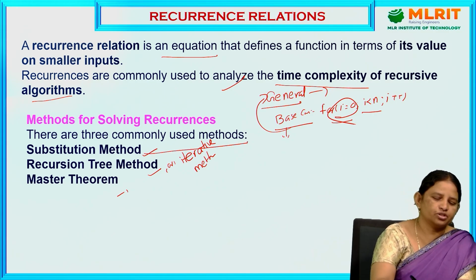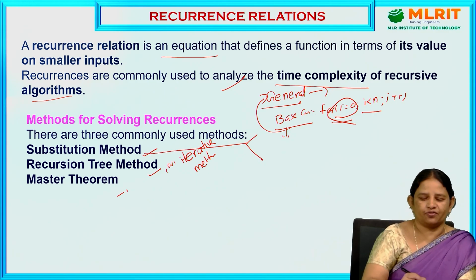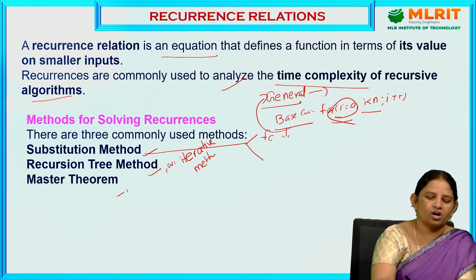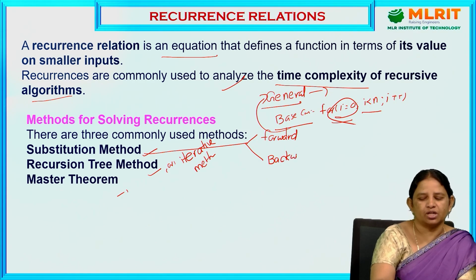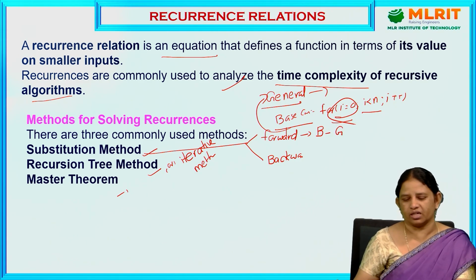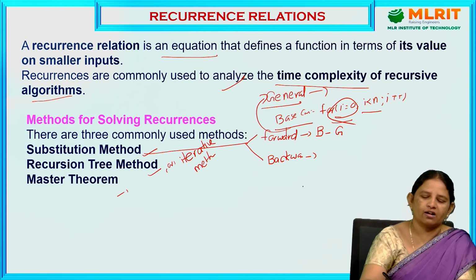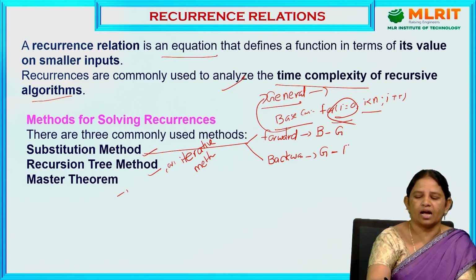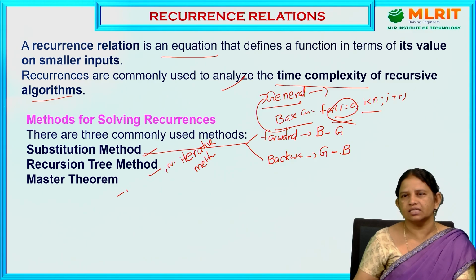In the substitution method, again there are two classifications. One is forward substitution. Second one is backward substitution. In forward substitution, start from the base case and repeat until the general case is reached. But in backward substitution, start from the general case and repeat until the base case is satisfied.